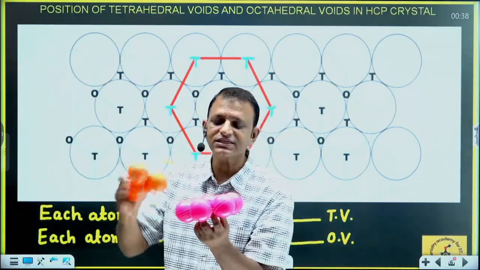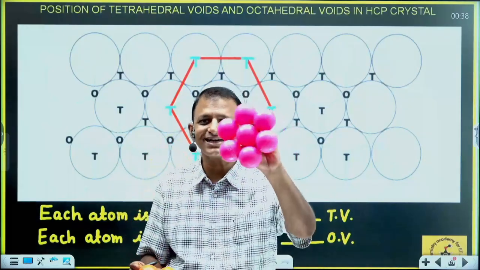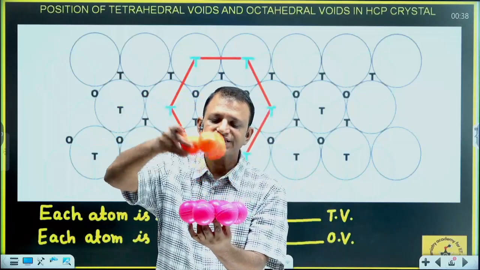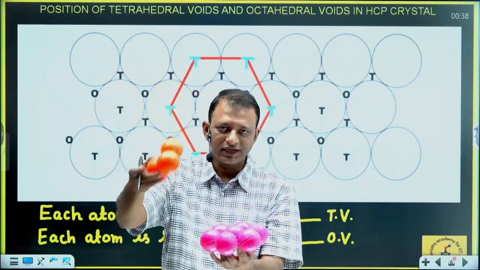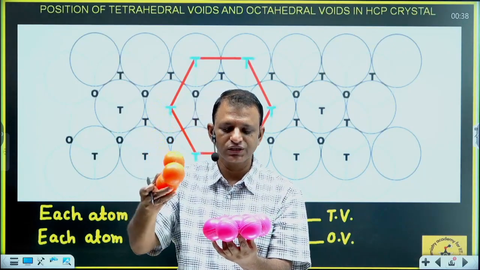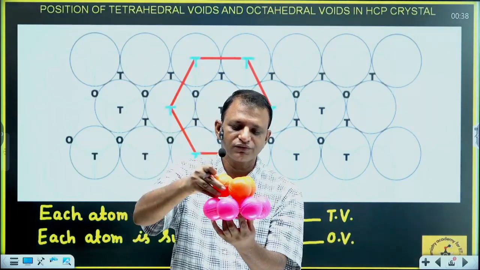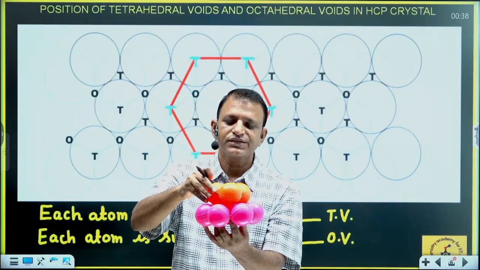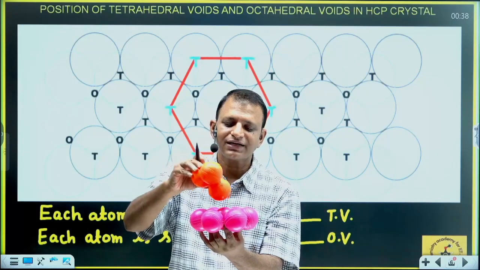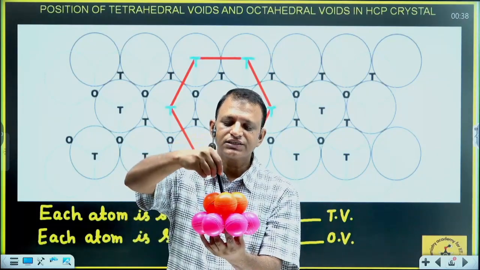I am discussing this pink ball present at the center of the regular hexagon, and now I am going to place this, again this is also HCP of 2 dimension, in the depression of the first layer. You can see that this will form an equilateral triangle, and this atom is the vertex of that. So this is a tetrahedral void.